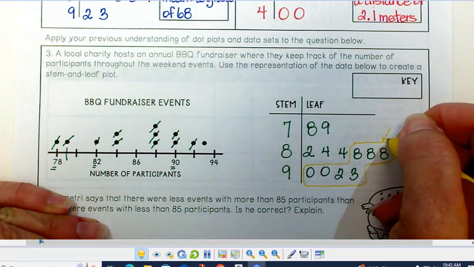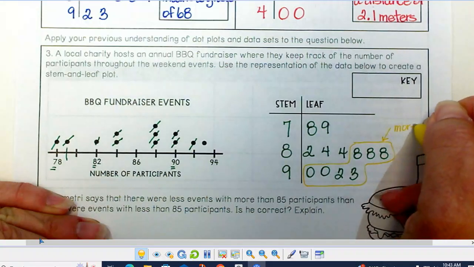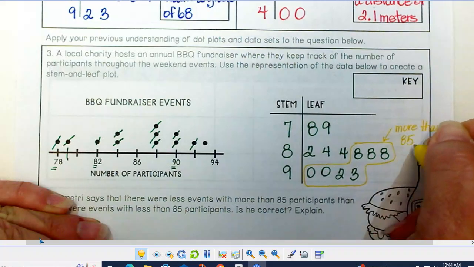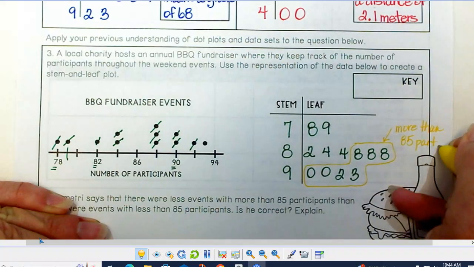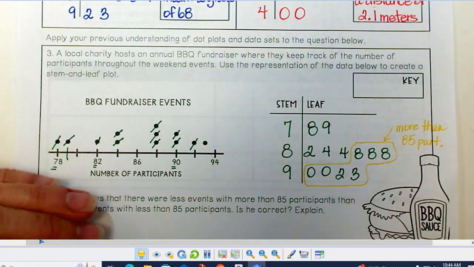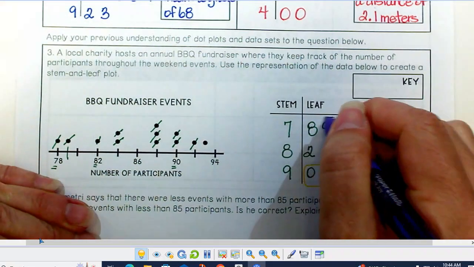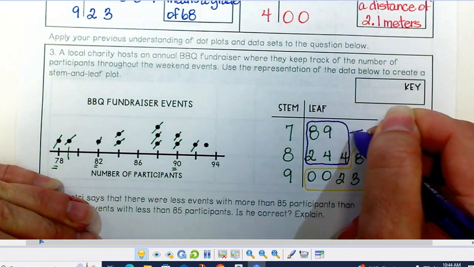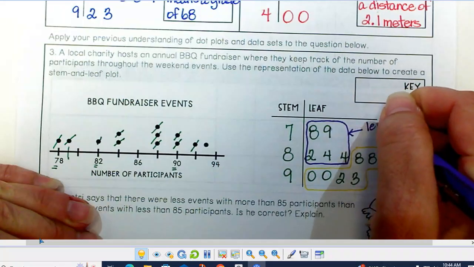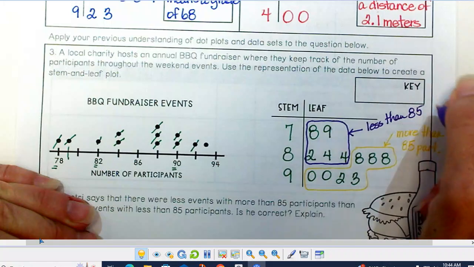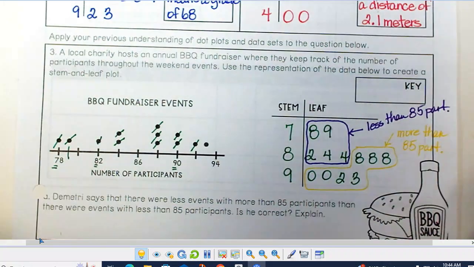All right. More than 85 participants. These ones are less than 85 participants. Okay.